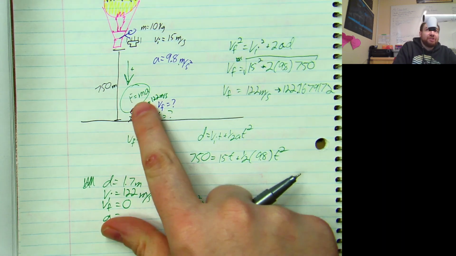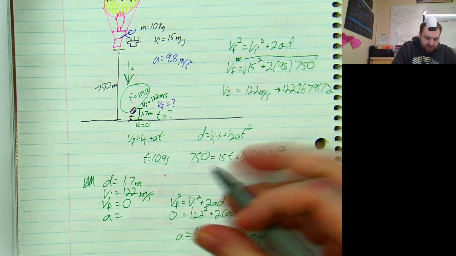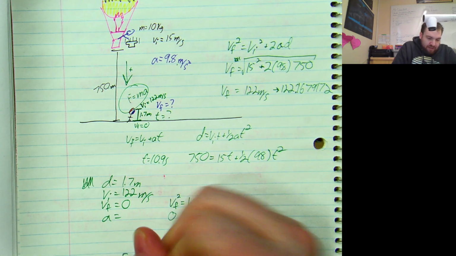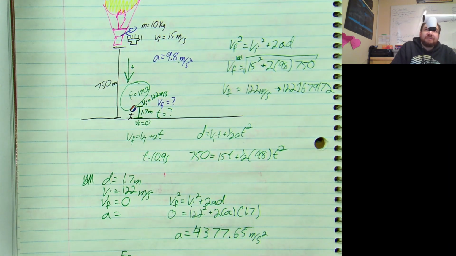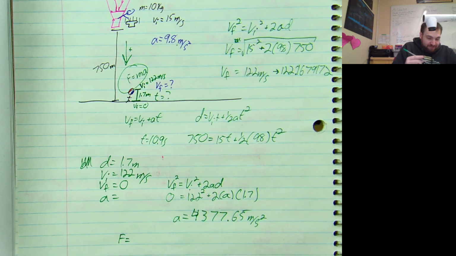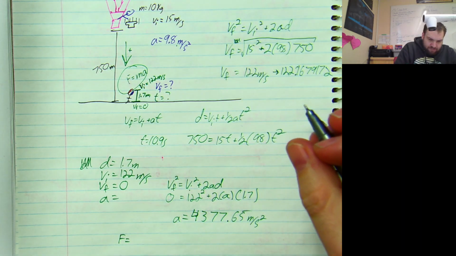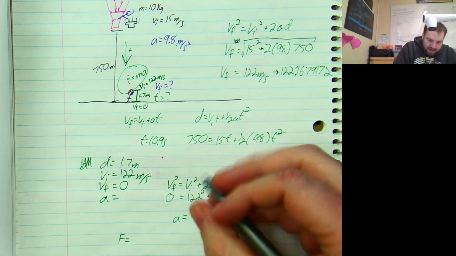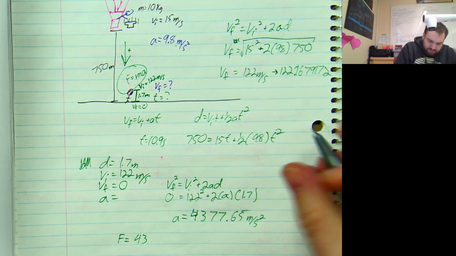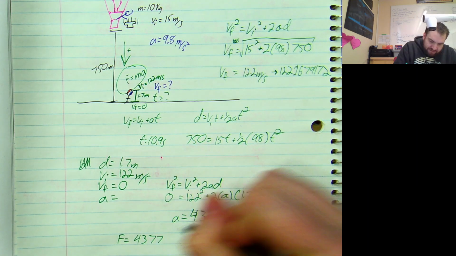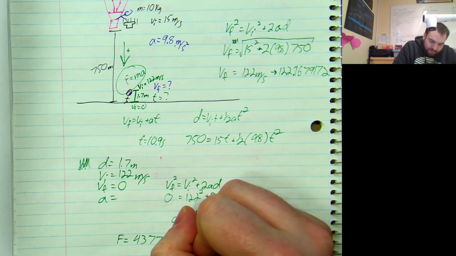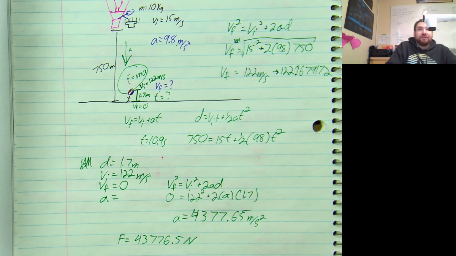That relationship is just the force is equal to the mass times the acceleration. So the force that this poor sap is going to have to give the anvil is going to be 43,776.5, and the units you're going to figure out are called newtons.